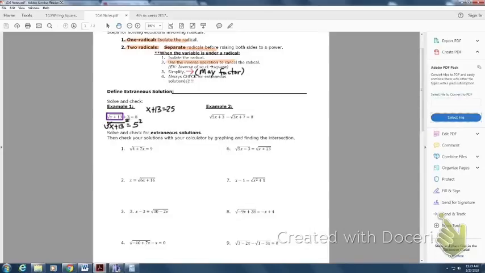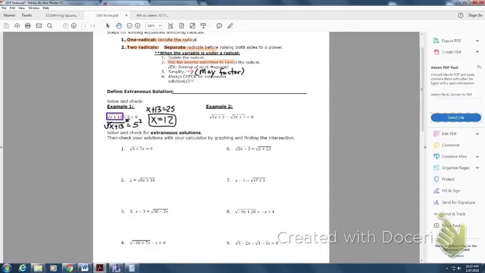If you get x squared, then that means you're going to have to factor it. But you simplify it and you solve it. So on this one, x equals 12. And then you'll check for extraneous solutions, which we'll talk about here in a little bit.